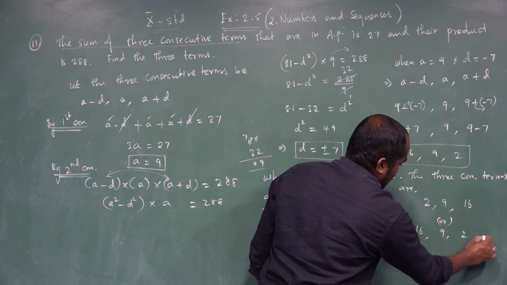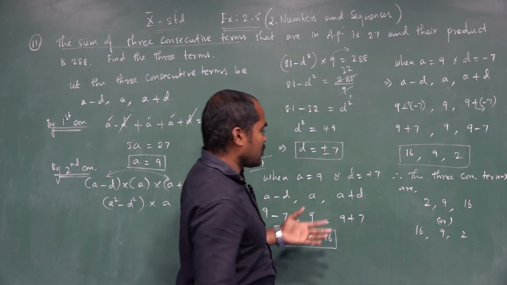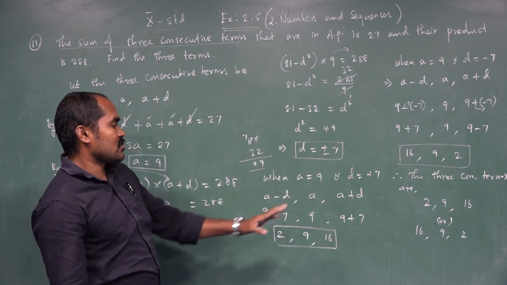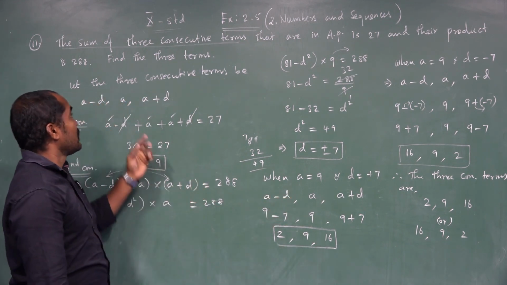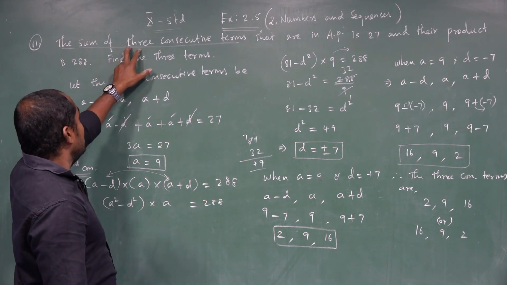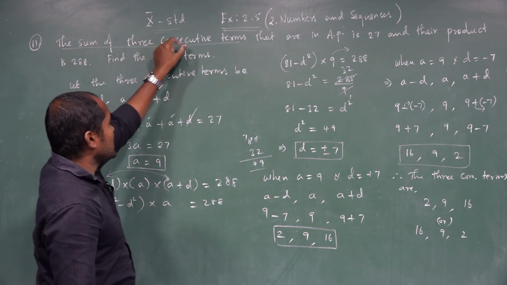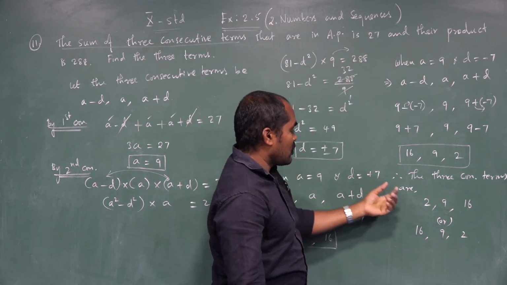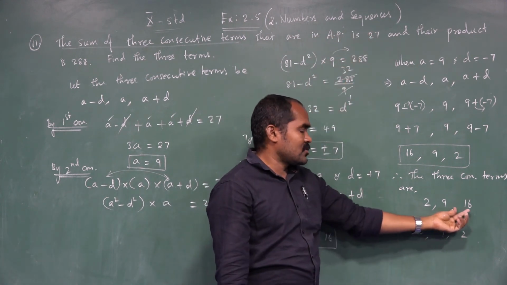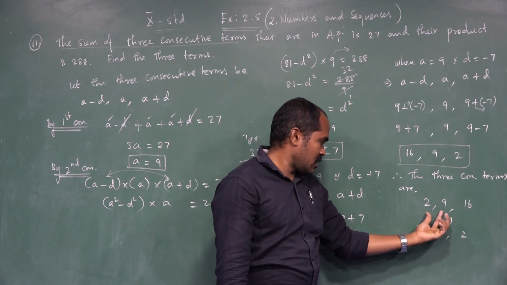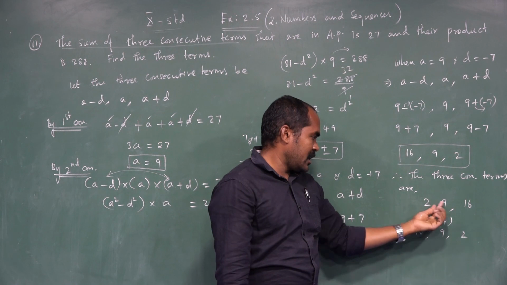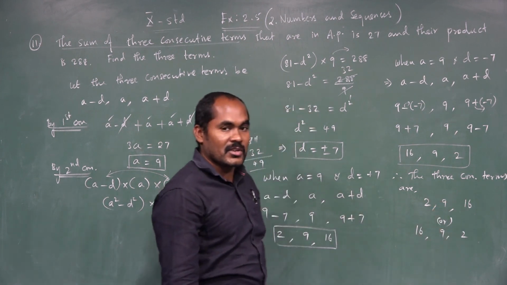How do we check whether our answer is correct? Take 2, 9, 16. Our first condition is that the sum of three consecutive terms in AP is 27. Adding these three numbers, 16 plus 2 is 18, and 18 plus 9 is 27.